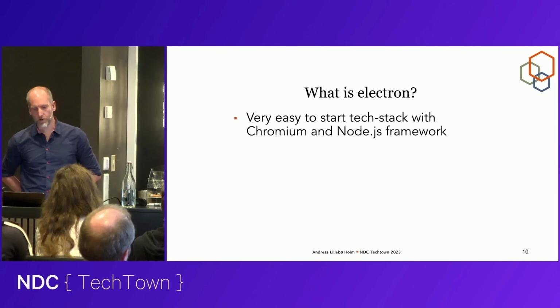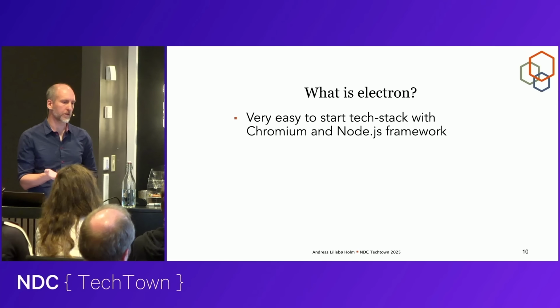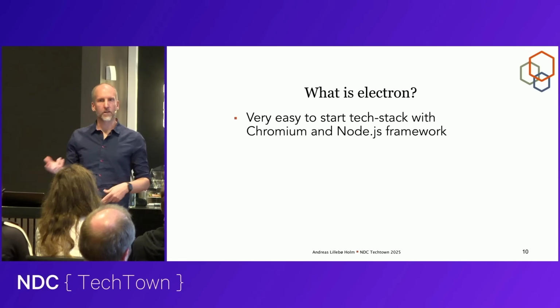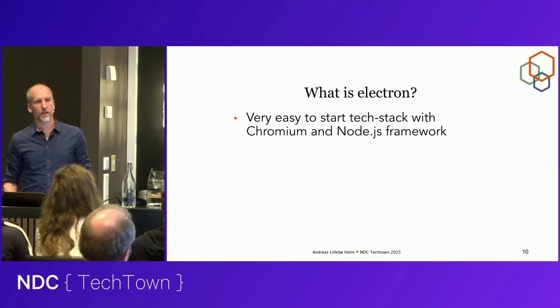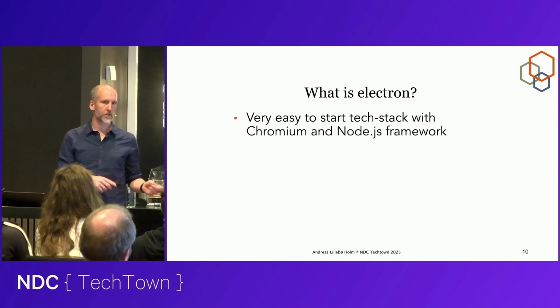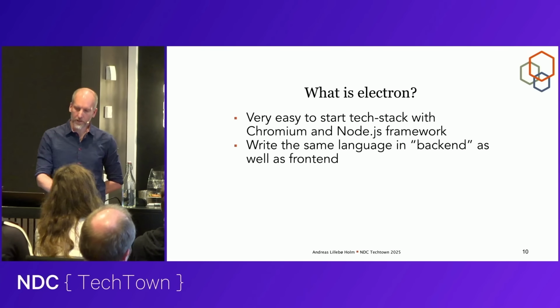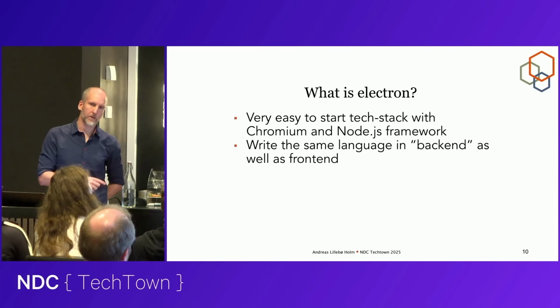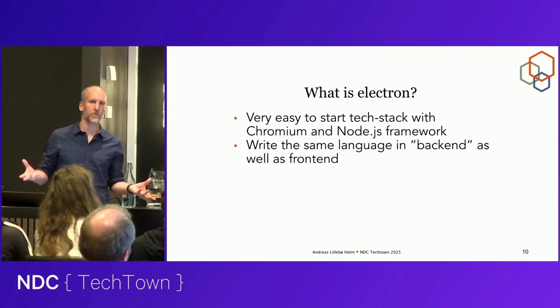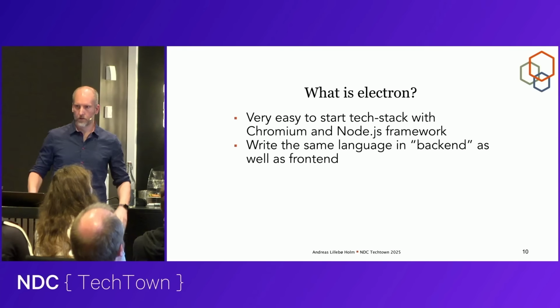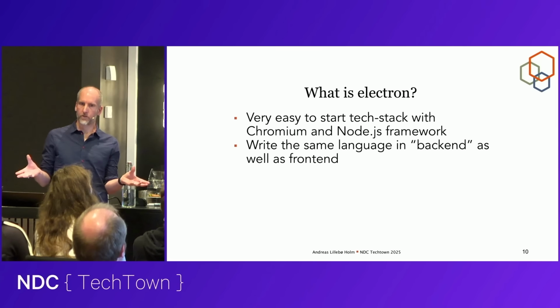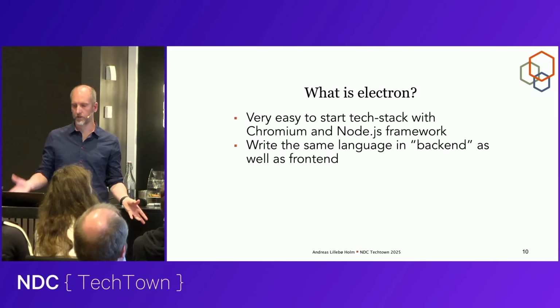It's very familiar from this front-end perspective, so a lot of web developers will recognize this pattern immediately and think, oh, this is great, we can do this. We can make an app very easily just by using the tools you're already familiar with. So you write the same language in the backend as well as in the front-end. Basically, it's based on JavaScript or TypeScript, so you don't really need to learn two languages to write both the backend and the front-end.